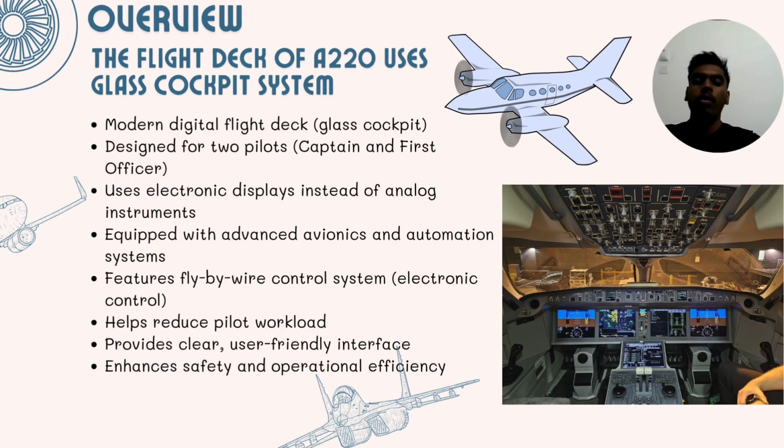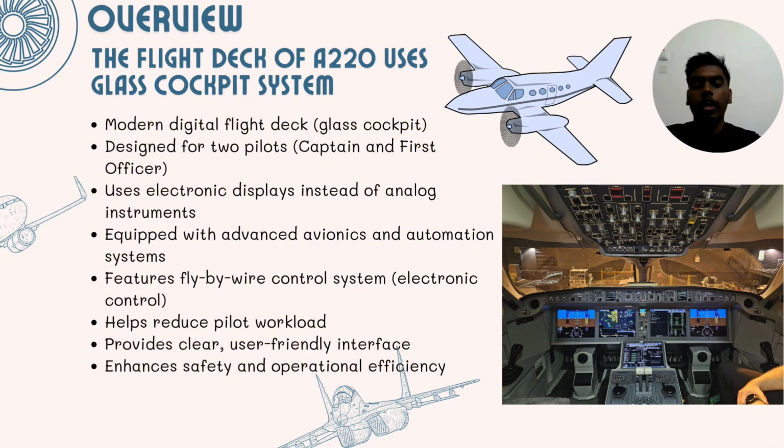Okay, so now I will explain the overview of the flight deck of the Airbus A220. The A220 uses glass cockpit systems, which means it has a modern digital flight deck with electronic displays instead of traditional analog instruments. It is also designed for two pilots, the captain and first officer, to ensure efficient operation.